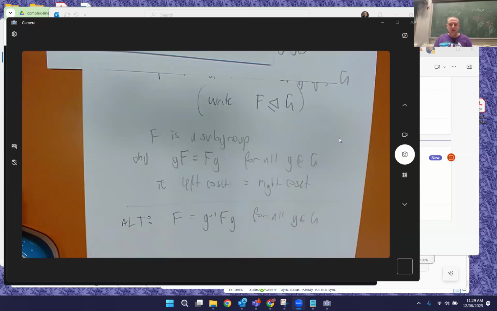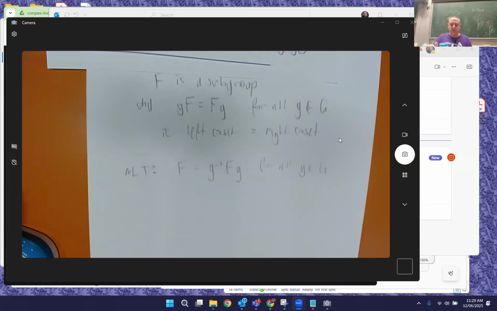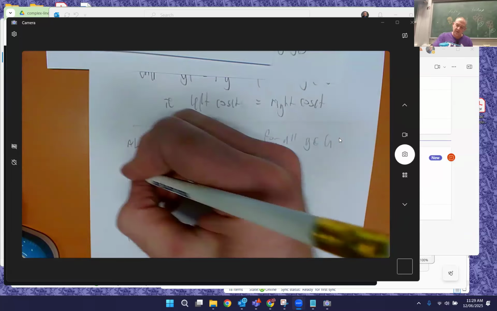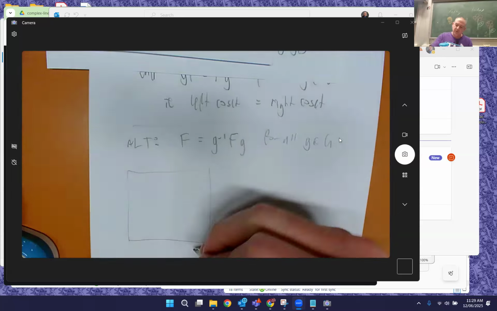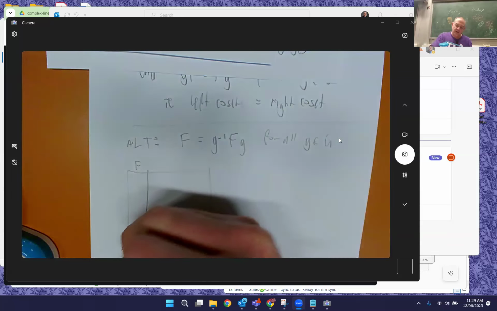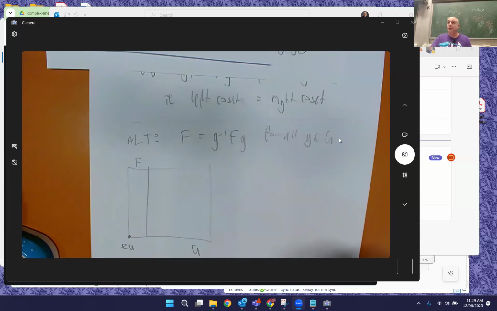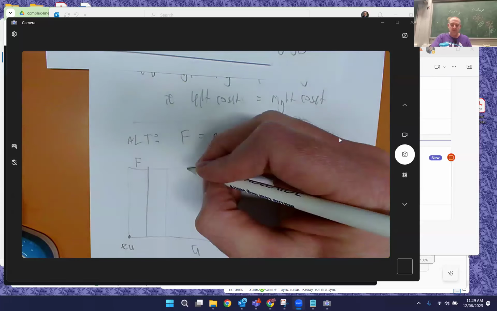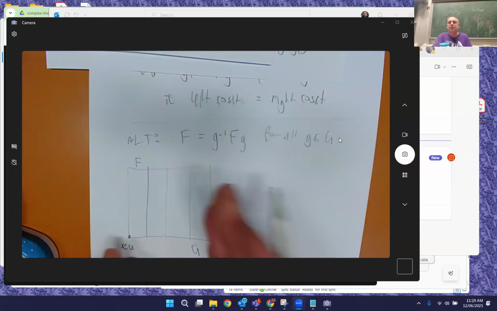And the interesting thing about groups with cosets is that it's easier to draw them as rectangles. So this is G and this is F, and there's the identity of G there, which is definitely inside F. Then when you make the cosets, they'll tend to divide G into stripes.